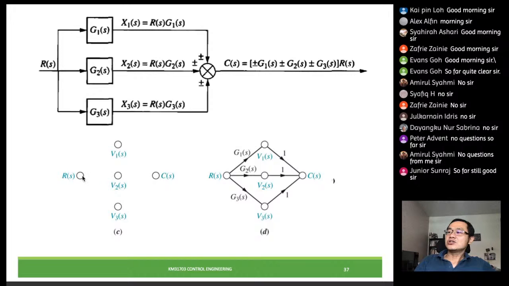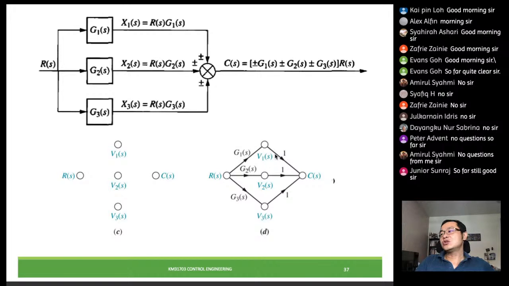After the summation, we go through G1, G2, and G3, right? Then after that we sum them up together. So all these three signals go into one signal. But how are we going to connect them together? There is no block, there's only one summing junction.